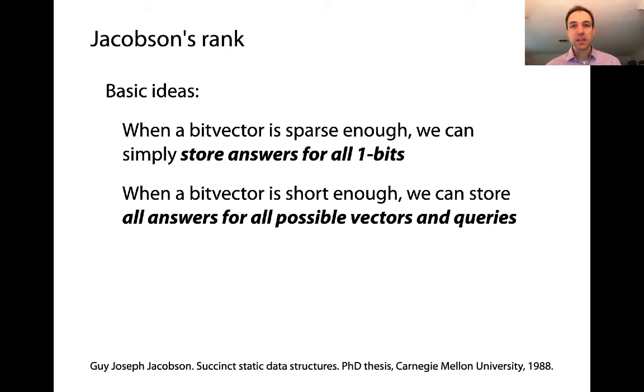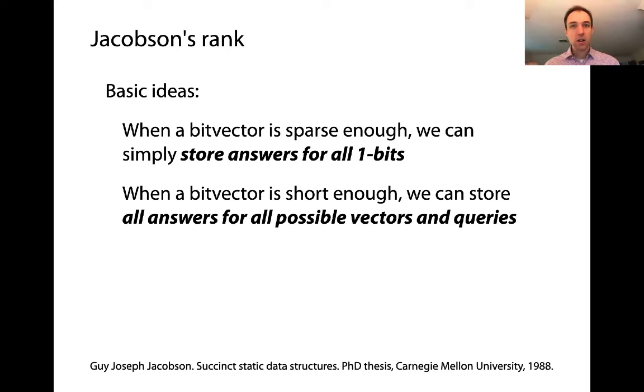The other case is we end up with a bit vector that's small enough, it's got few enough bits in it, that we can simply use the bit vector and combine it with some other things to make it a key into a lookup table, and the lookup table simply has all the answers pre-calculated. These are basically the two base cases we're moving toward: the sufficiently sparse base case and the sufficiently short base case.